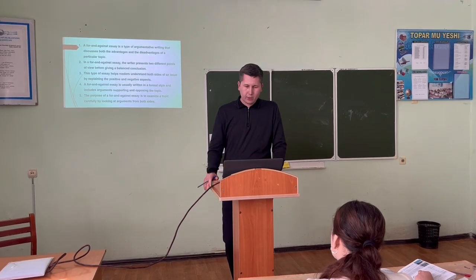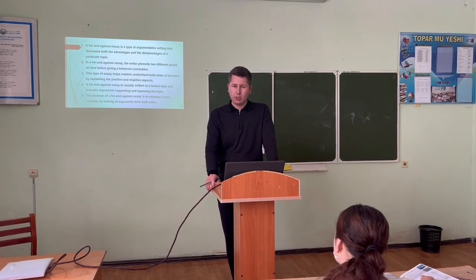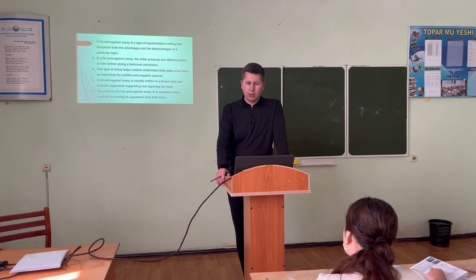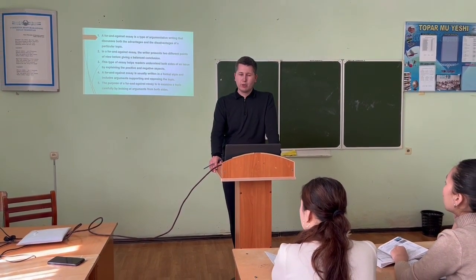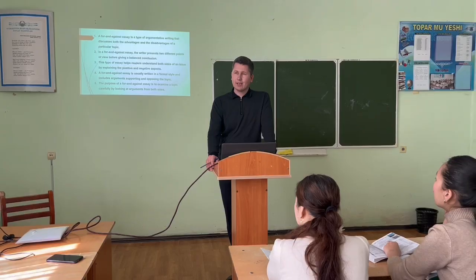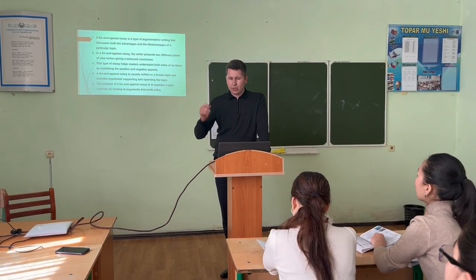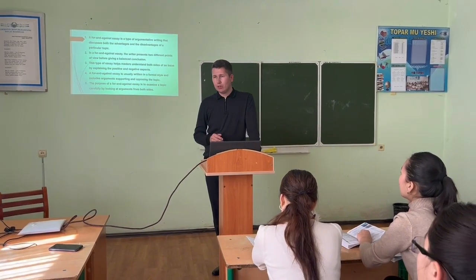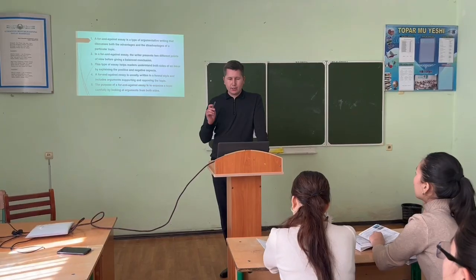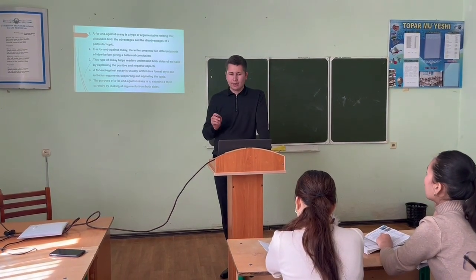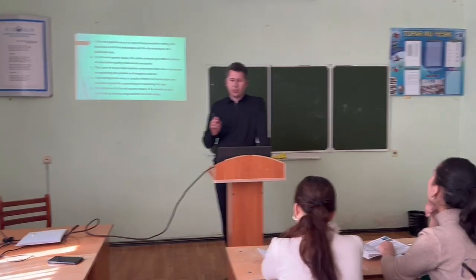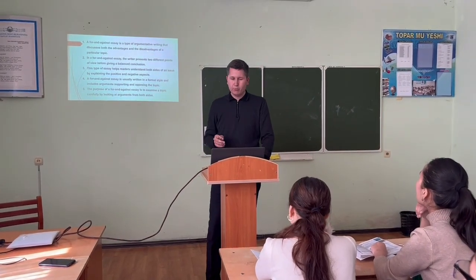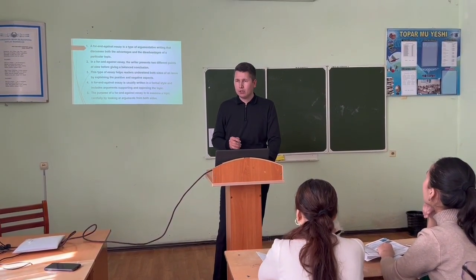For this kind of essay, there are some points. First, a for and against essay is a type of argumentative writing that discusses both the advantages and the disadvantages of a particular topic. Second, the writer presents two different points of view before giving a balanced consideration.